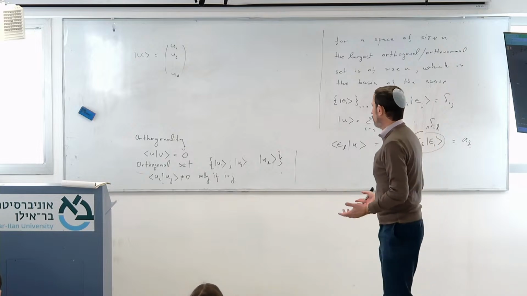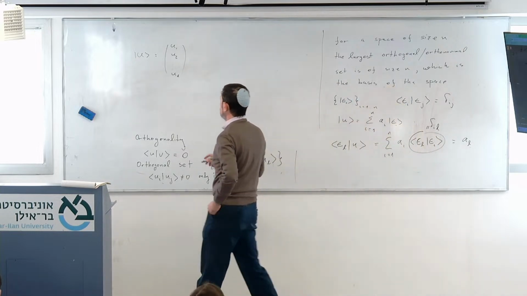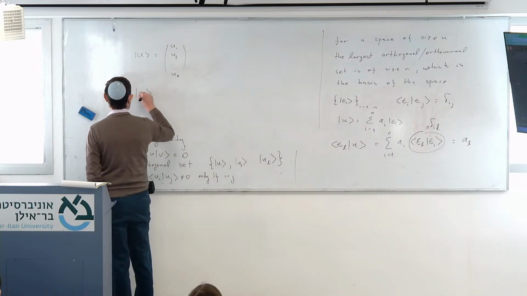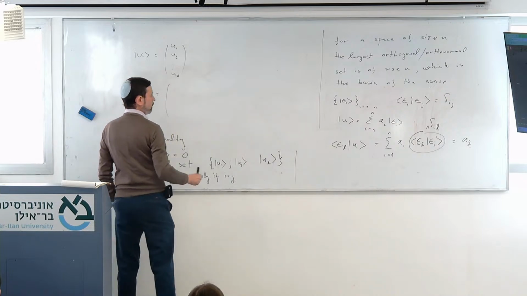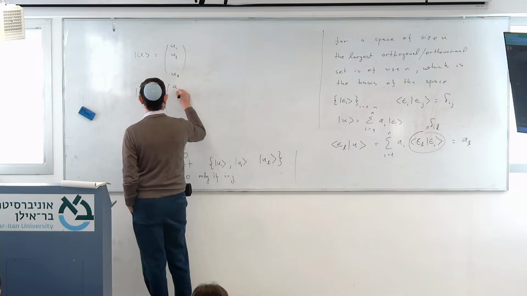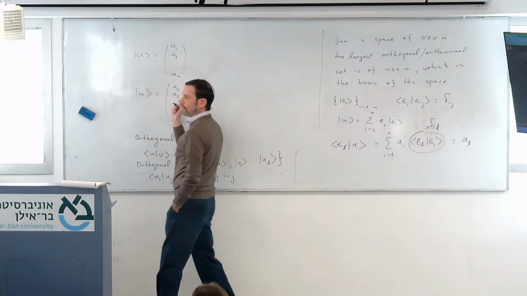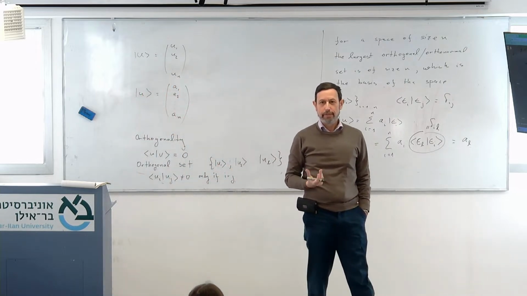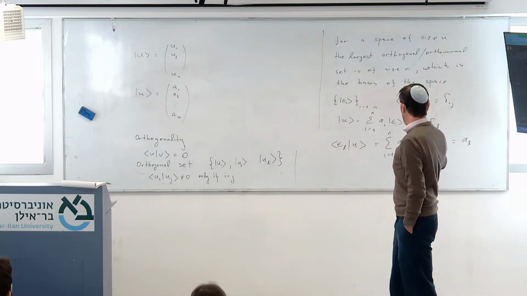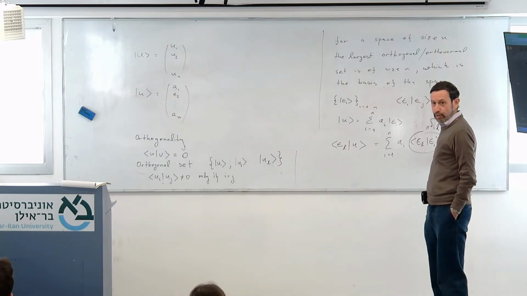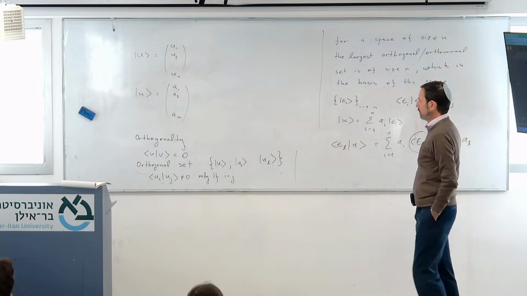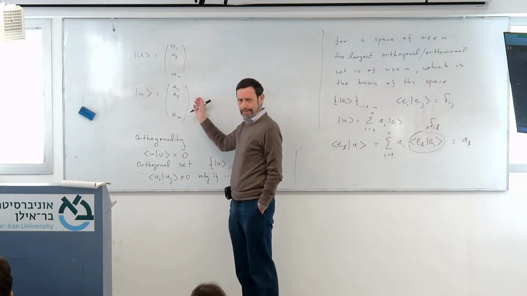Now I'm telling you, basically, I can write this vector in this way. The first component is the first projection, the second is the second. But these two are not necessarily equal.